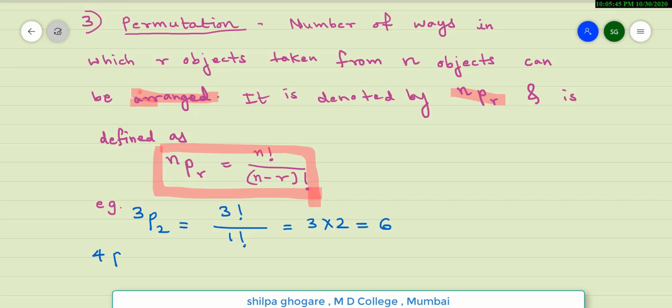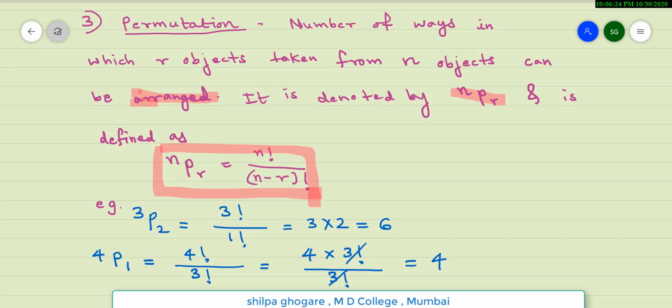If we want to calculate, let's say 4P1, then it would be 4 factorial upon 4 minus 1, which is 3 factorial. And 4 factorial upon 3 factorial, how do we compute? We break 4 factorial as 4 into 3 factorial, because we have 3 factorial in the denominator and it can get cancelled with the 3 factorial in the numerator. This 3 factorial gets cancelled and the answer is 4.